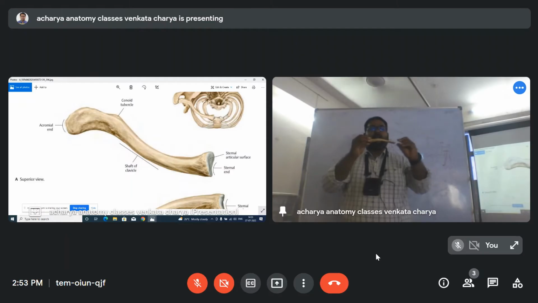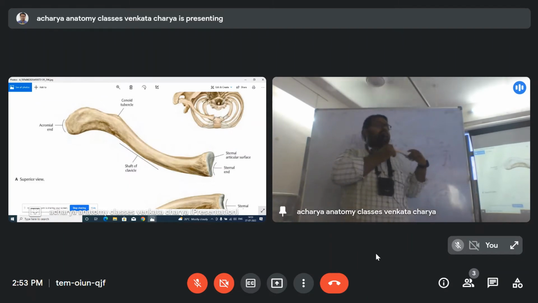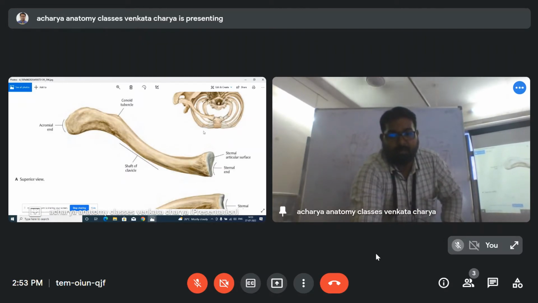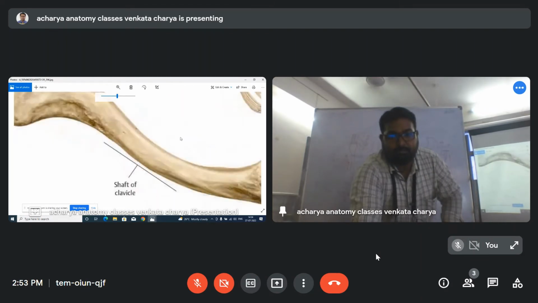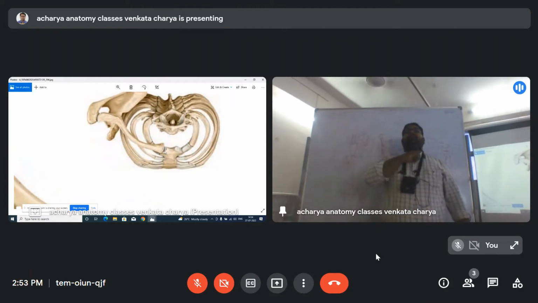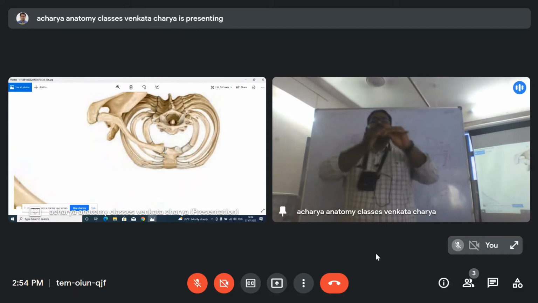So medial end is a quadrilateral end which articulates with the manubrium sterni, like this. Then it forms a joint called the sternoclavicular joint. This joint is enveloped by the fibrous capsule.